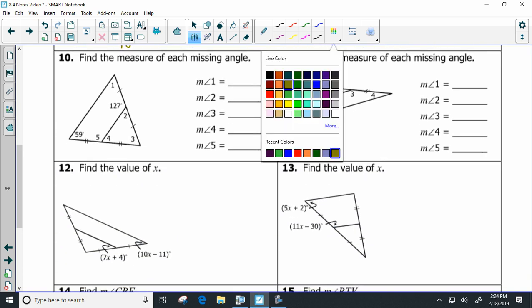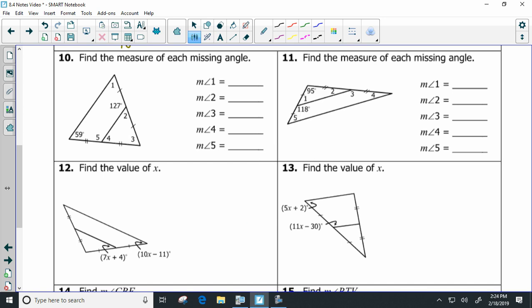All right, moving on to question 10 and 11. In 10 and 11, there are things I have to look for. I am going to be looking for linear pairs. Remember, a linear pair is two adjacent angles side by side that make up a straight line. They'll add up to 180.